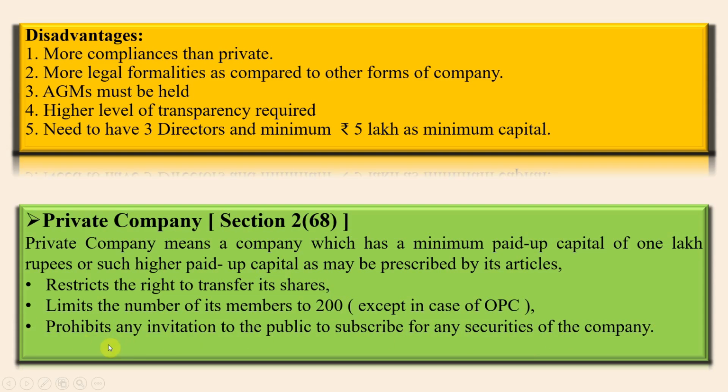Yes, in case of a private company, a private company cannot invite public to subscribe to their shares. In case of public, they can invite public to subscribe their shares, but private companies are not allowed to do that. So this is the definition which is given by the Companies Act 2013 under section 2 subsection 68.